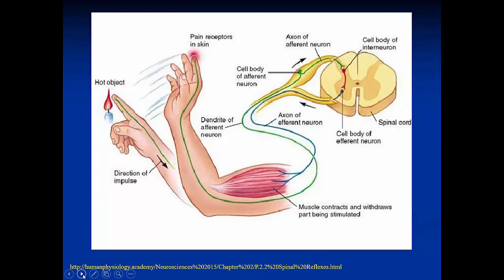Now, when you think about a stimulus, like a hot object here, somehow this information has to get to your central nervous system. If it's a simple reflex, it only needs to make it to your spinal cord. If we're talking about sensation and perception, obviously it needs to make it up to the brain. When the cell body is excited, that doesn't help us if we can't send that message somewhere.